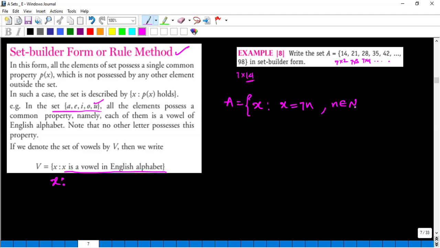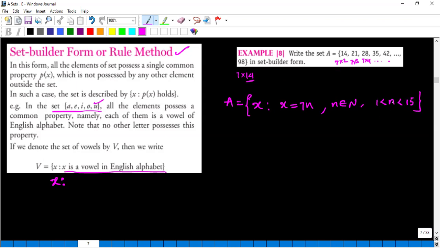The value of n I am taking from 2 to 14, so I will write this as 1 less than n less than 15.